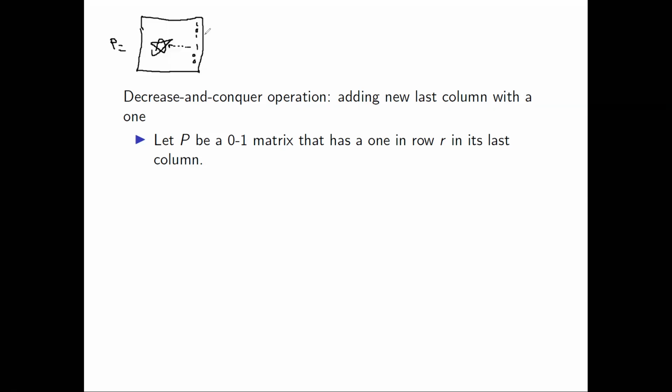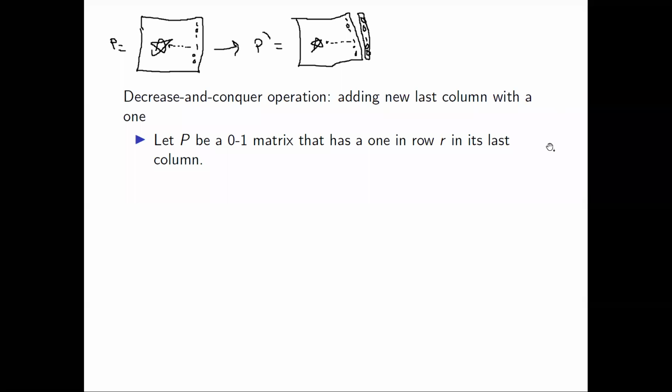And we make a new 0-1 matrix from P, call it P prime. We take P, and we add a new column to it. And the new column only has a single 1 and 0s elsewhere.